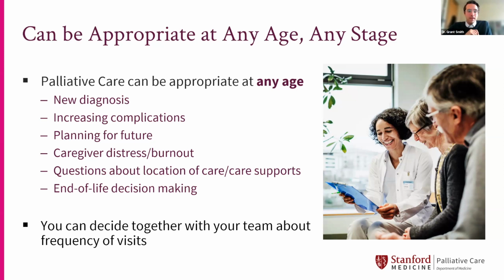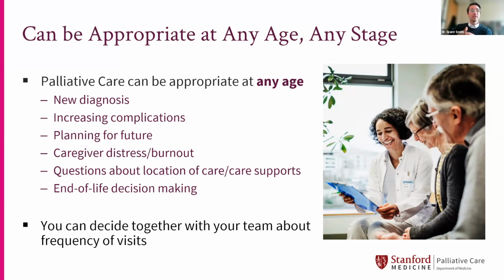I think my biggest comment that I want to leave you with is that we really can decide together. This is common at the end of all of my visits with patients, we have a conversation about how much we should follow up and when to follow up. I don't want the individuals I care for to feel like they have to hold all of that. We can decide together.